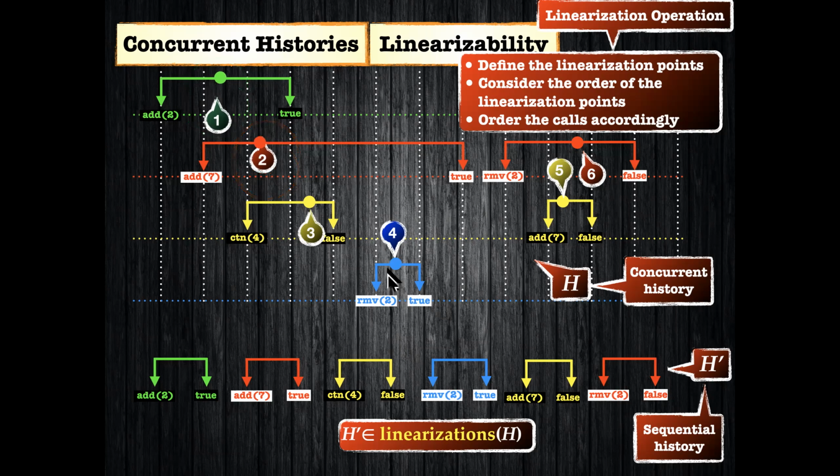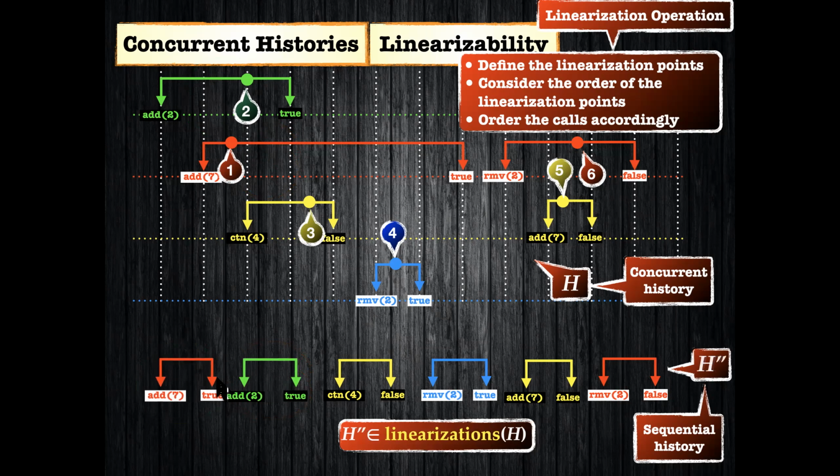Here, by interchanging the linearization points of these two method calls, I interchange the sequential history I generate, and I obtain a new sequential history, which I call H double prime, which again is a linearization of the concurrent history. So you see that a given concurrent history will have different linearizations.